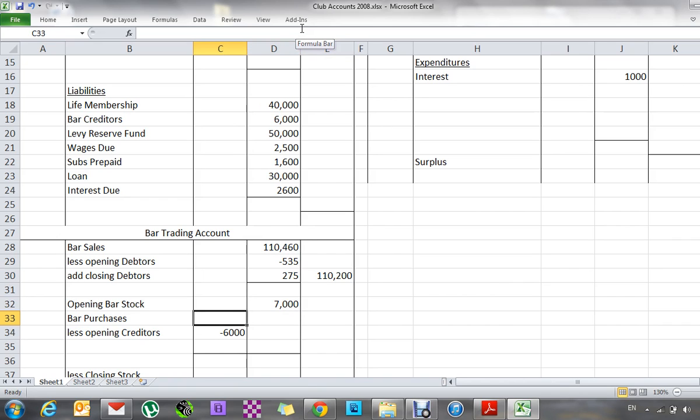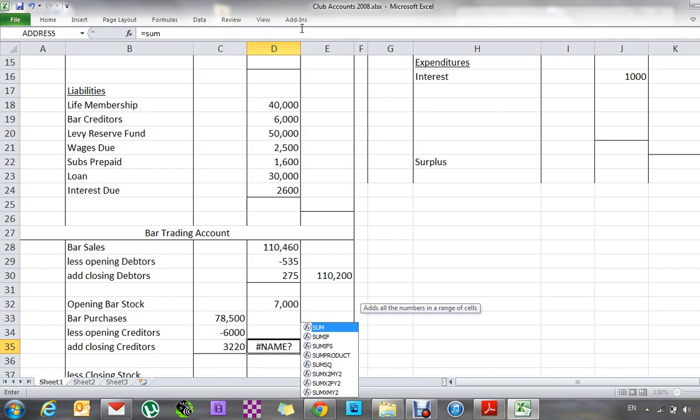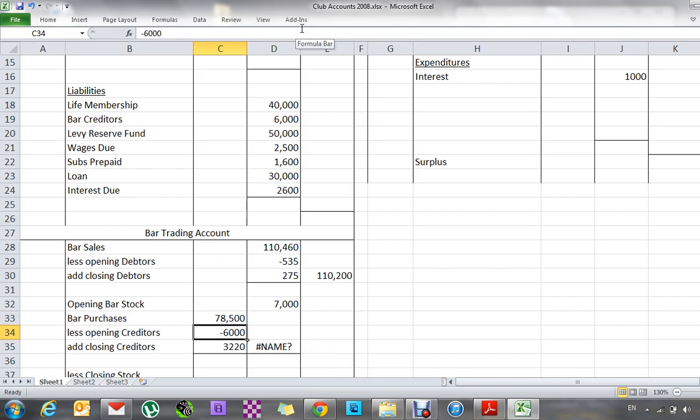Adding those numbers together, that's the figure we should have got for our bar sales. Bar purchases then is 78,500. Take away our opening creditors, and we're going to add on our closing creditors. So closing creditors is listed at 3,220. So we'll add the bar purchases along with the closing and take away the opening.